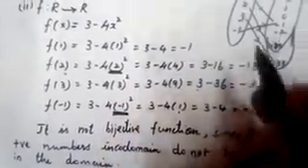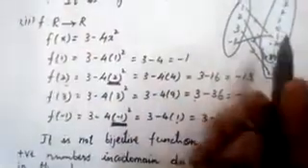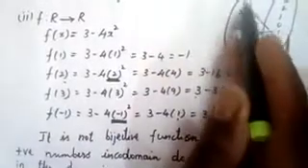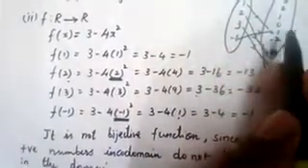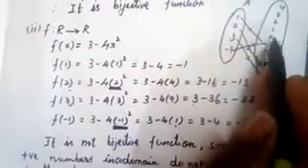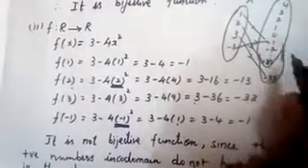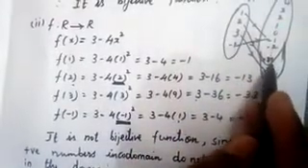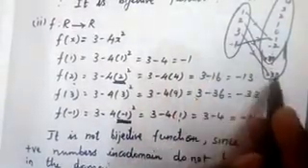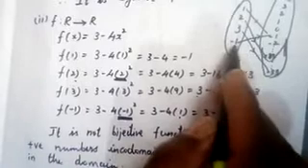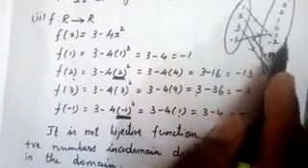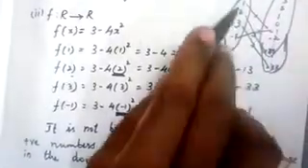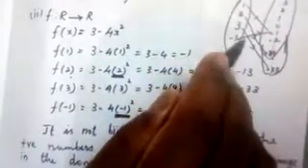Now see the diagram. Now you have to denote the elements 1, 2, 3, minus 1. Then you have to write the real numbers on the other set. So now you have to draw the mapping: 1 to minus 1, 2 to minus 13, 3 to minus 33, and minus 1 to minus 1. Now you have to consider, for all the elements, whether the images are positive or negative.